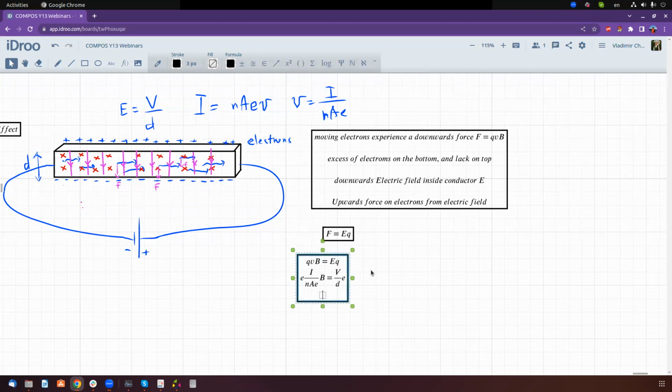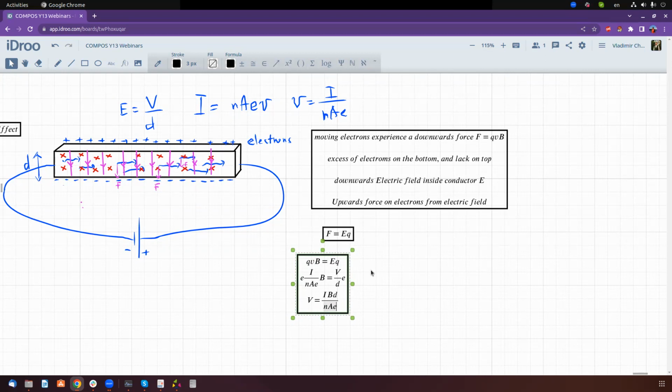We know that the voltage is equal to, so E cancels, IBD divided by NAE. Yes. I hope I didn't mess it up.